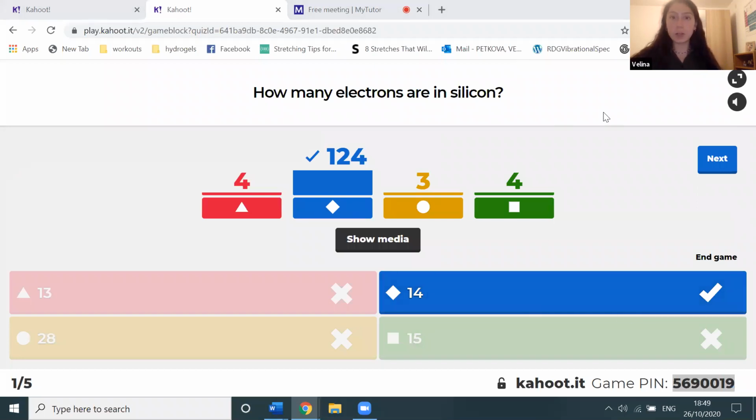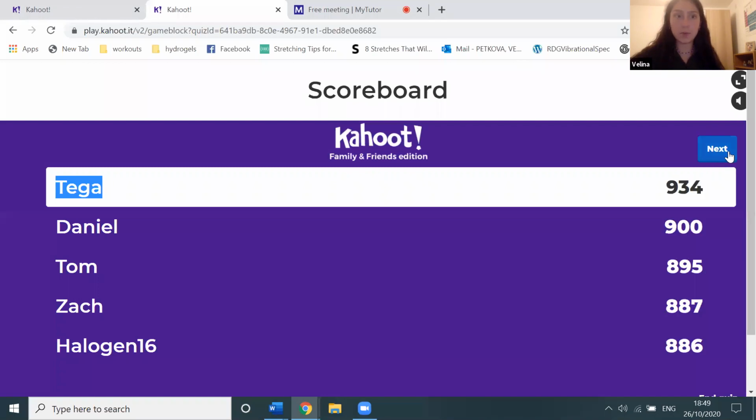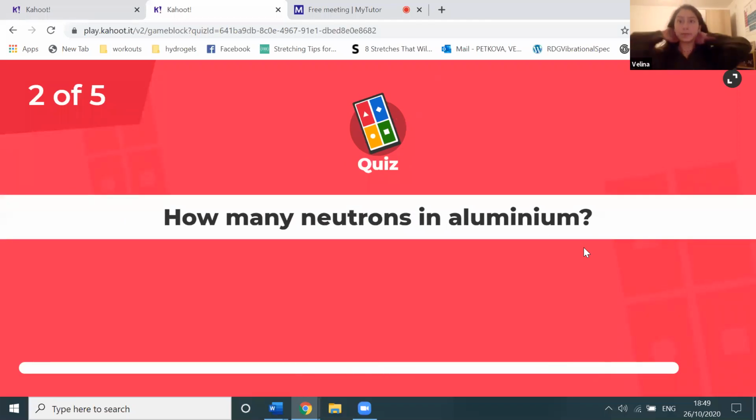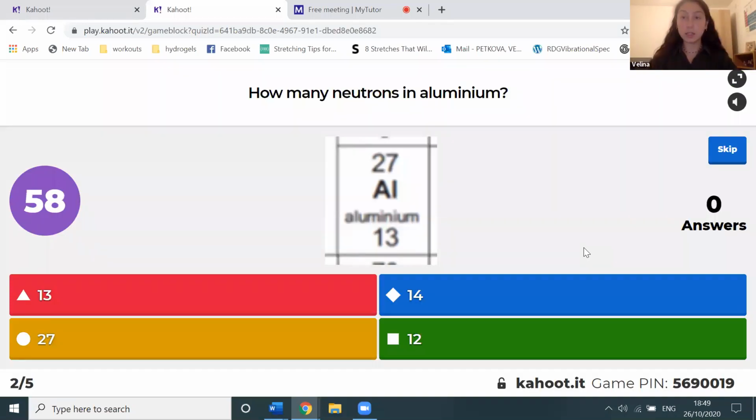Okay, brilliant. Well done to everyone. We'll go through why it is 120, why it's the blue one, after the game. Okay, well done, Tigger. Question 2 then. How many neutrons are in aluminium? Look at the information provided with the element from the periodic table.